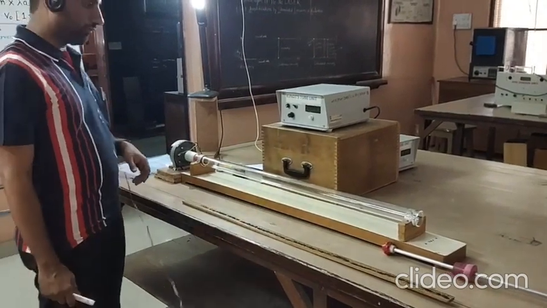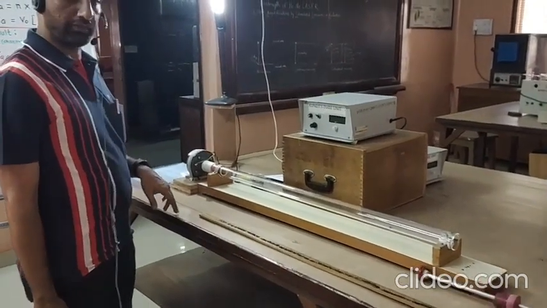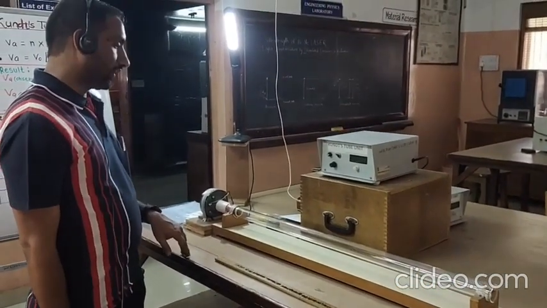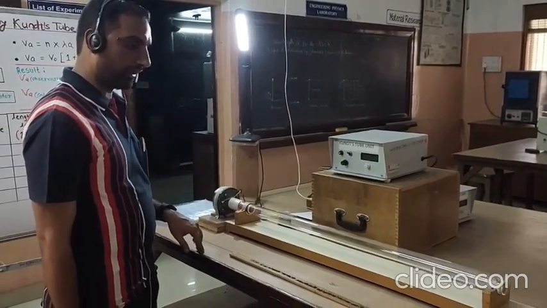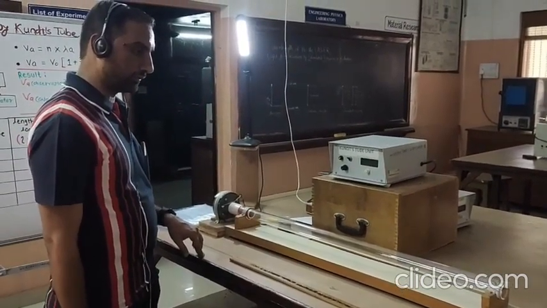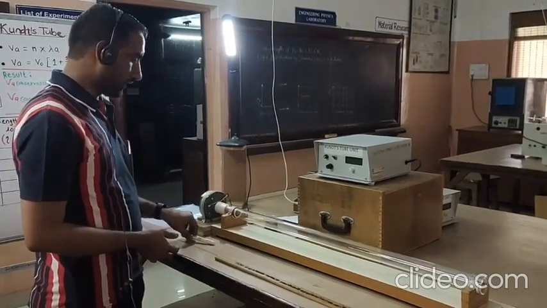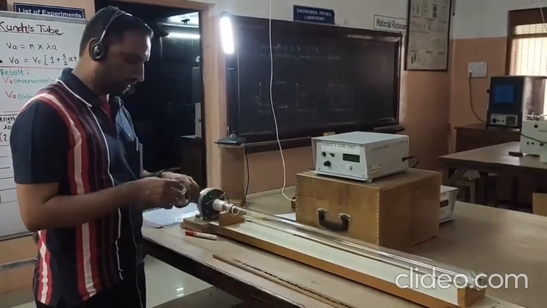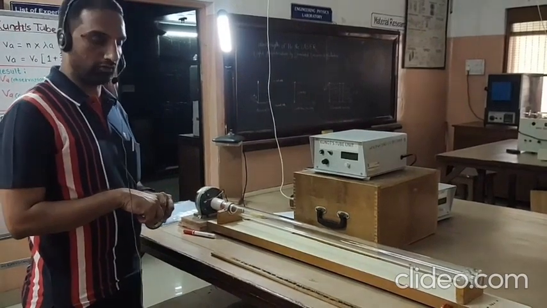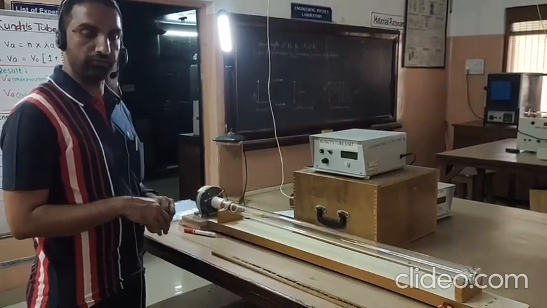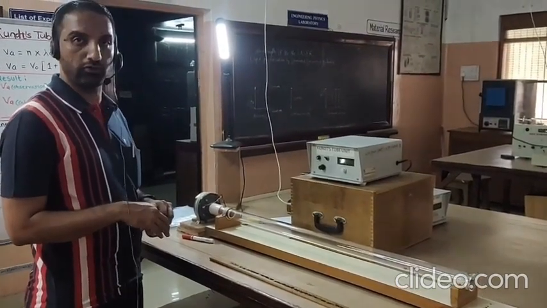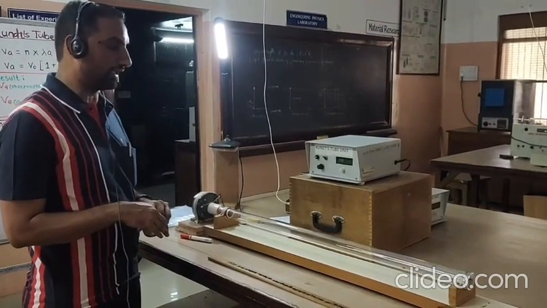Now, before performing this experiment, we should clean and dry this Kundt's tube, and after that we have to put powder inside this tube. I am taking tea powder instead of lycopodium powder because in moist condition the particles of lycopodium powder become sticky with the glass tube.